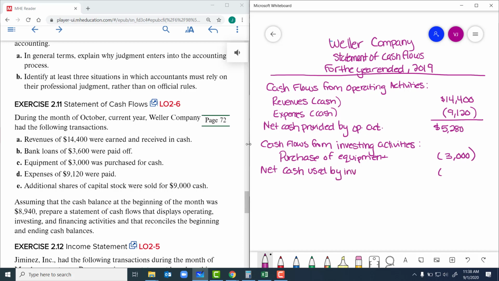That's really not the most technical definition, but just for purpose of understanding, net cash used by the investing activities, or spent, the net cash flowing out as a result is that negative 3,000.